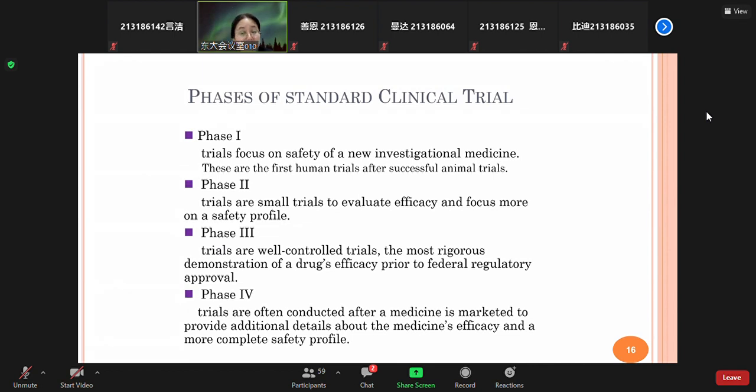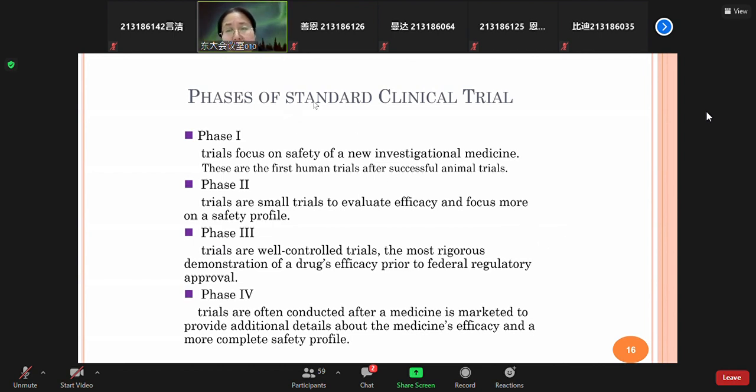So not necessary, but it's better. It's good. That means patients and the drug company will benefit from the phase 4 clinical trial. Okay, that's the 4 phases for standard clinical trial.